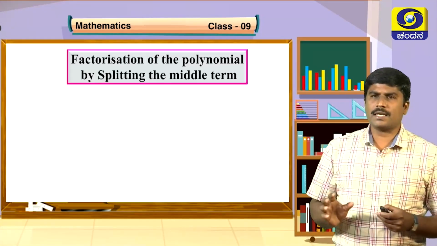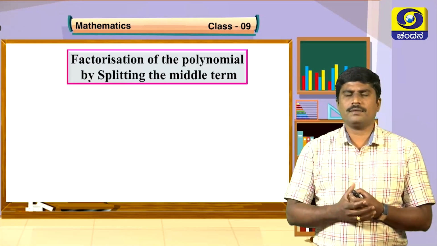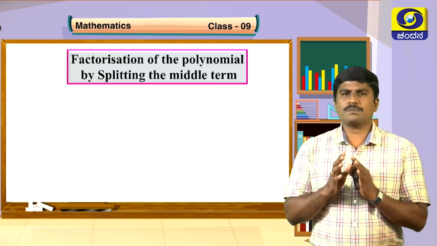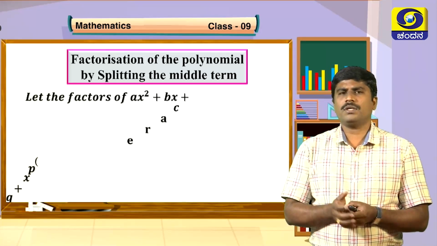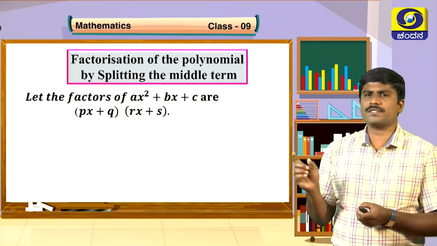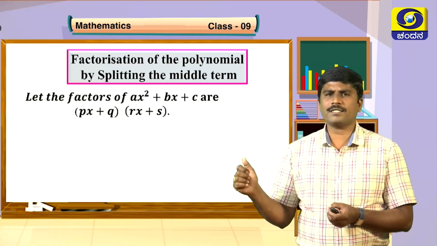In this class, let us understand the process of factorization of a polynomial by splitting the middle term. What do you mean by splitting the middle term? Let the factors of ax square plus bx plus c be px plus q and rx plus s.